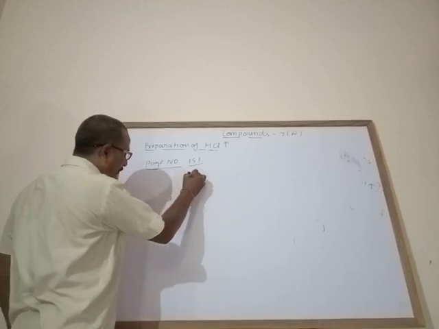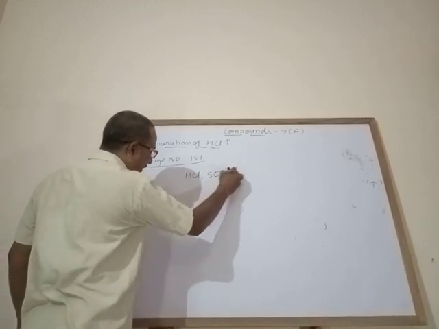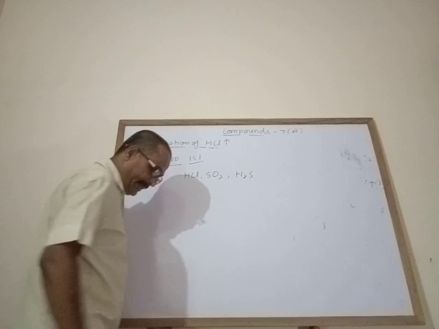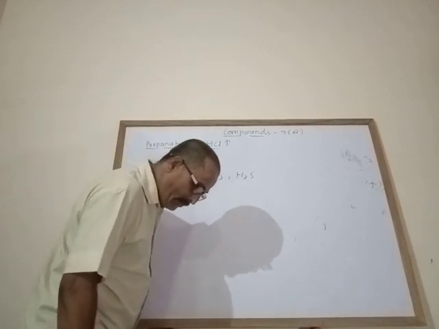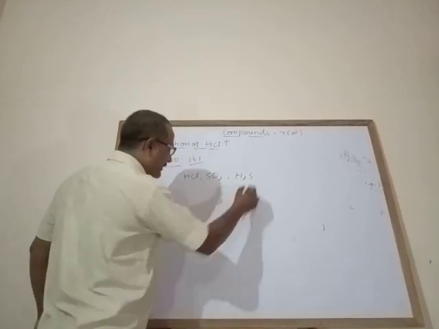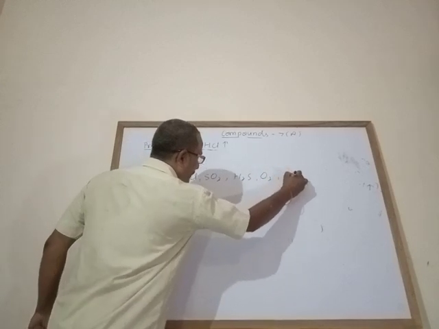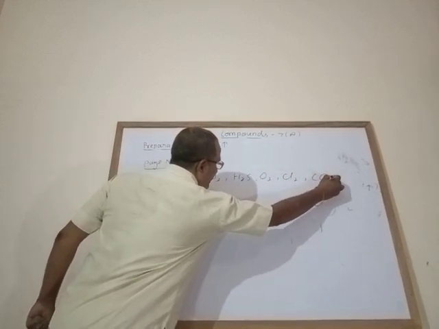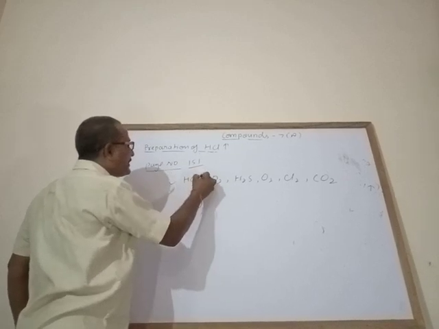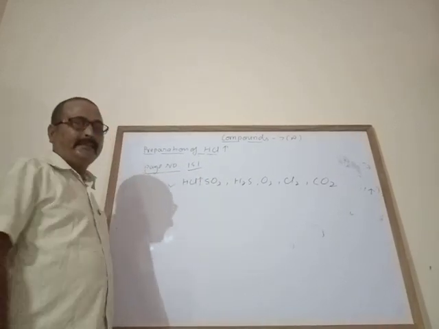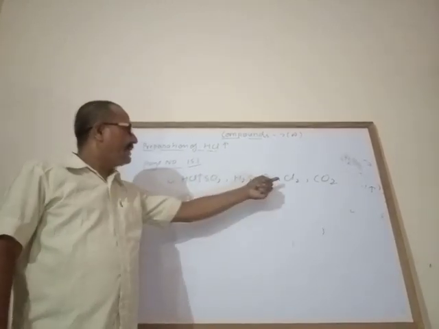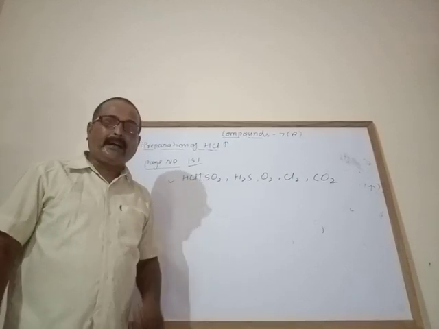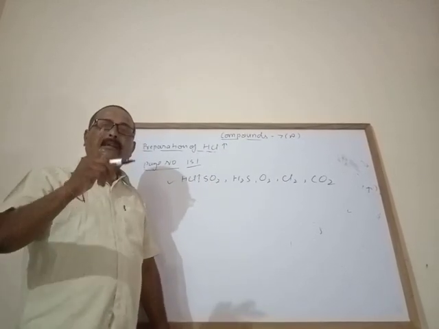Hydrogen chloride gas, sulfur dioxide, hydrogen sulfide, oxygen, chlorine and carbon dioxide. Remember that these gases are heavier than air. If they are heavier than air, they are collected by upward displacement of air.